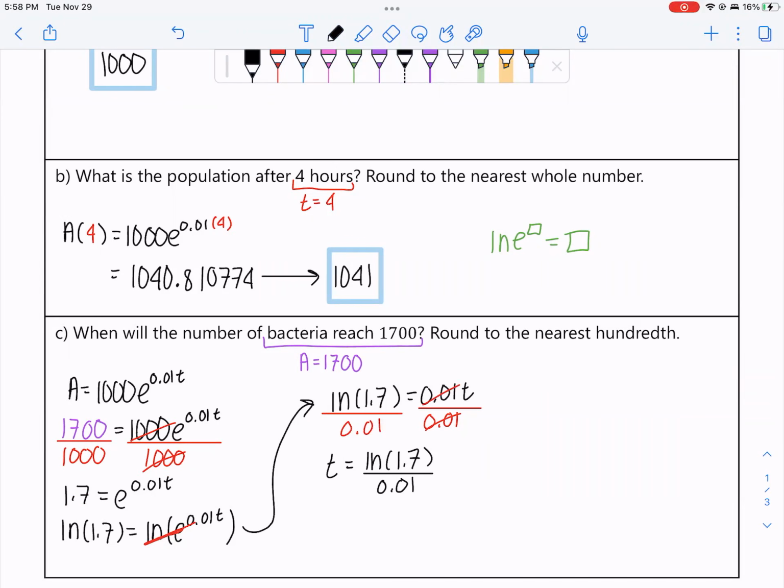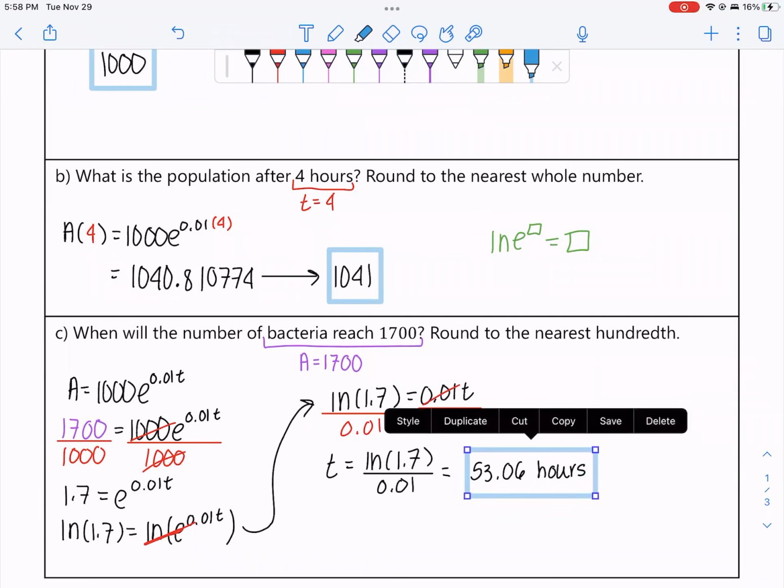If you plug this into your calculator and round that number to the nearest hundredth, you're going to get 53.06, and then our units are hours. So it'll take 53.06 hours for our population of bacteria to reach 1,700.